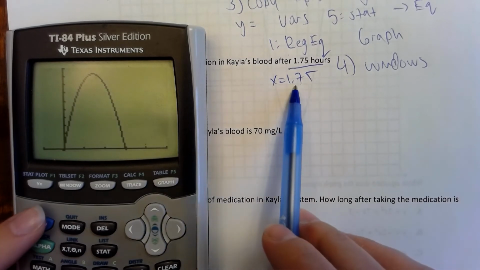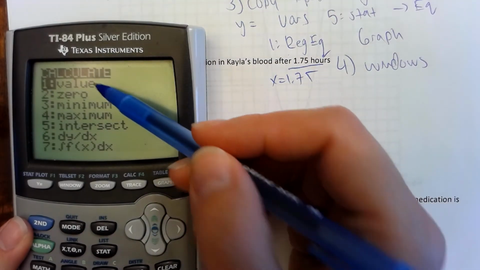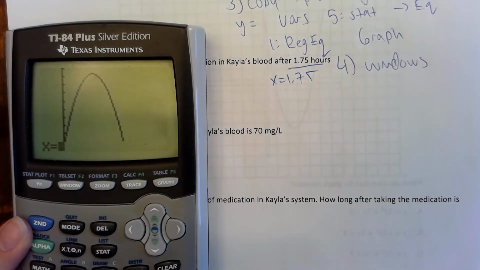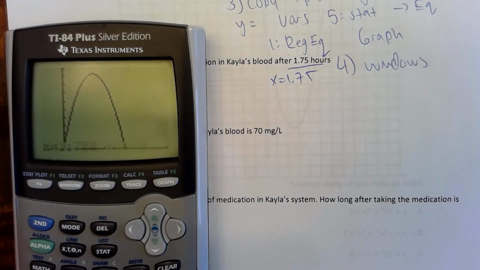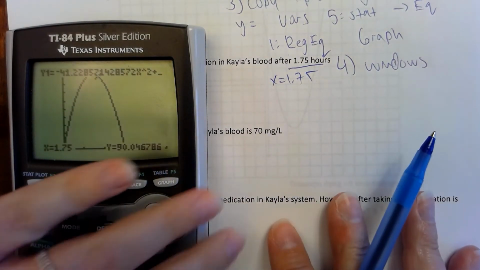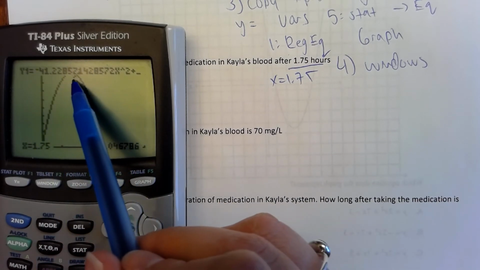So X is 1.75, I'm going to go second trace, value, I want to find a value, so I hit 1 or enter, X equals 1.75, that's what we're looking at. And it gives me a y value, and it even shows me on my graph.